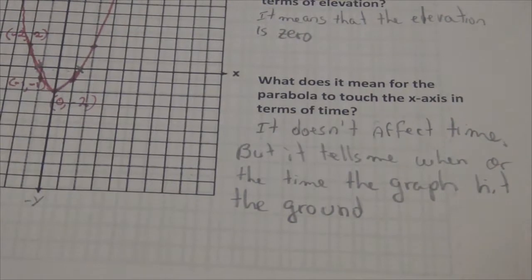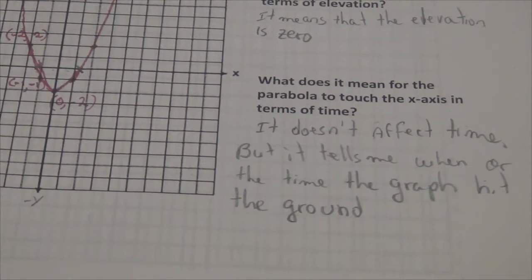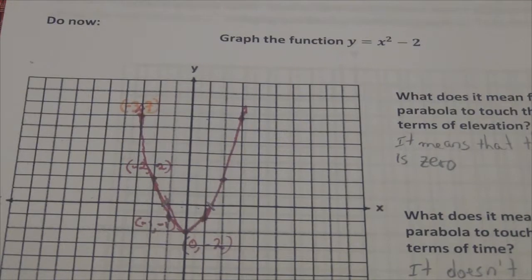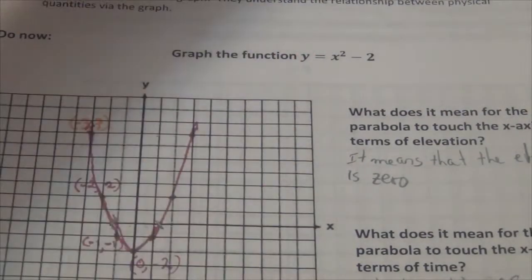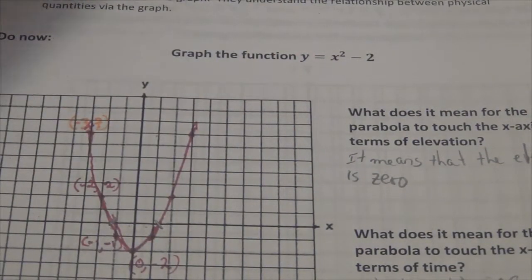Okay. Hopefully you understand that. If not, don't worry, pause it and you can just copy it down. So this is your parabola right here, your quadratic function. Okay, and we answered the questions. Let's move on to the next part.